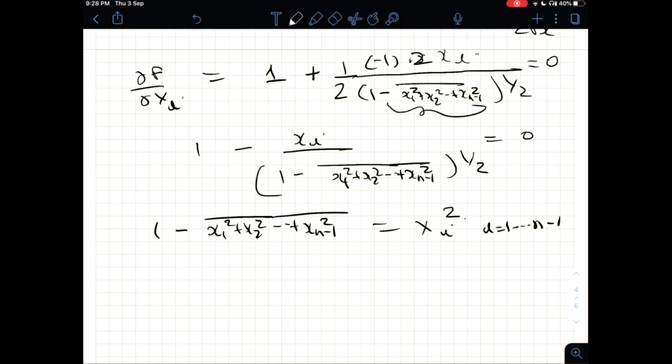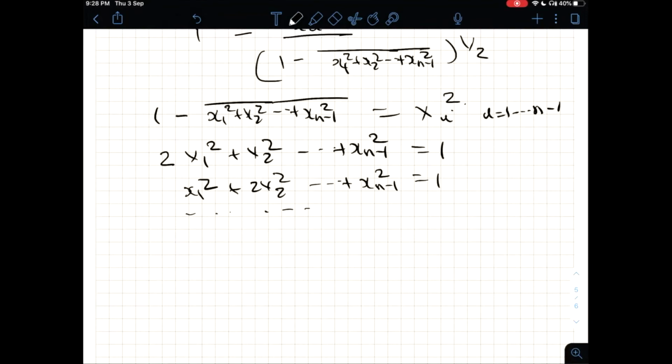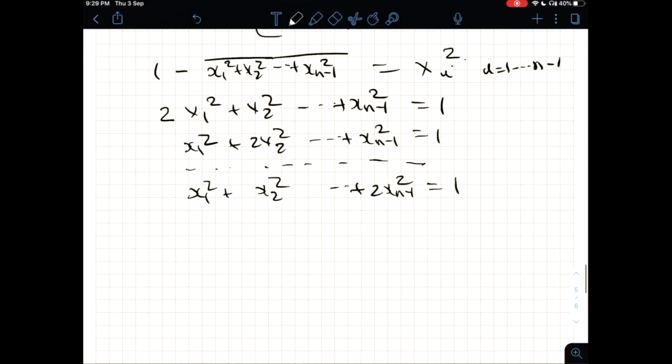So therefore, if you write for i equal to 1, you will get 2x1 square plus x2 square up to xn minus 1 square is equal to 1. If you take i equal to 2, you will get x1 square plus 2x2 square up to xn minus 1 square equal to 1, and so on up to the last one. You will get x1 square plus x2 square up to 2xn minus 1 square equal to 1.